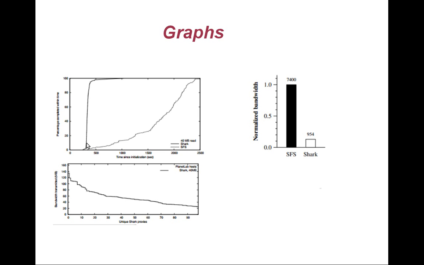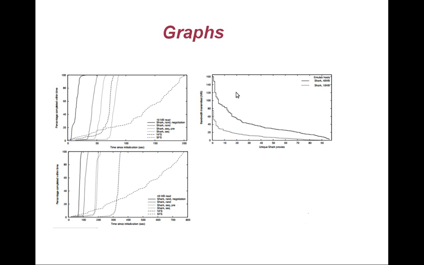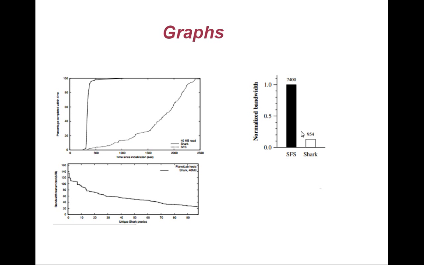Obviously Shark is much faster, whereas SFS is extremely slow. It takes a while until you receive the entire file. And the proxy bandwidth usage keeps getting lower and lower on PlanetLab when you're reading 40 megabyte files, because obviously more and more clients have cached files. It's the same situation right here. It's going lower and lower because you have more and more files cached.